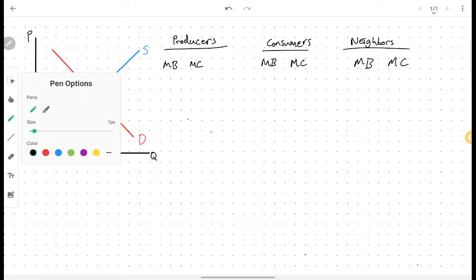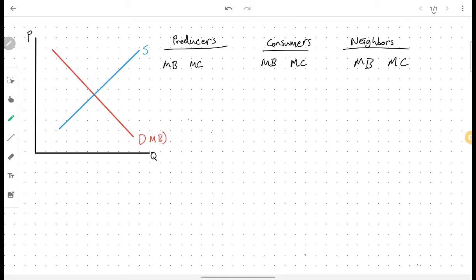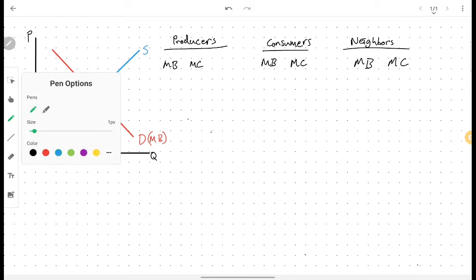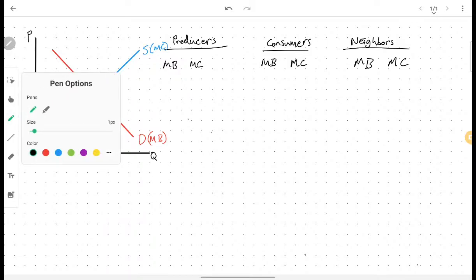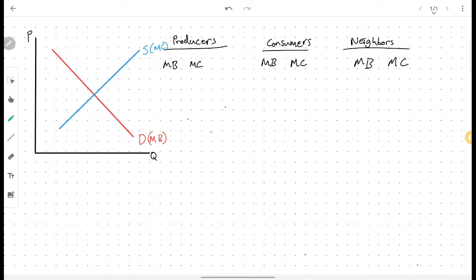So we've also said before, remember, that the demand curve tells us the marginal benefit, right? And the supply curve tells us the marginal cost. So then why is it that I have all these other marginal benefits and marginal costs? Well, the supply curve tells us the marginal cost of producing this good, and the demand curve tells us the marginal benefit to the consumers.